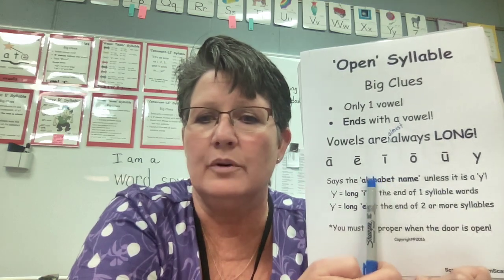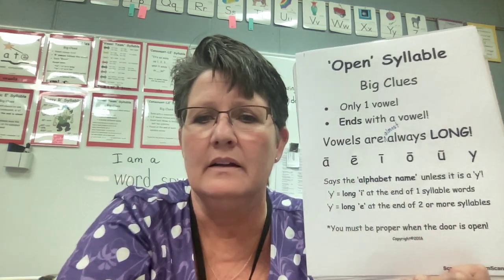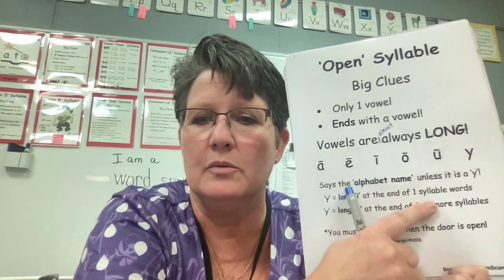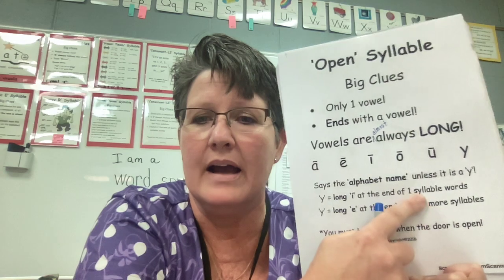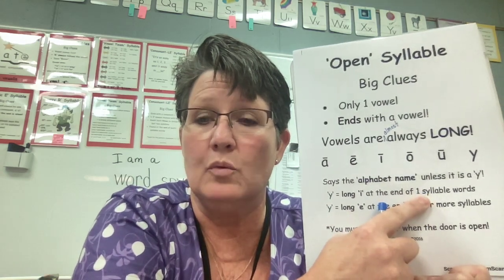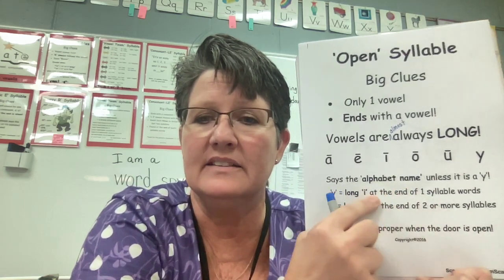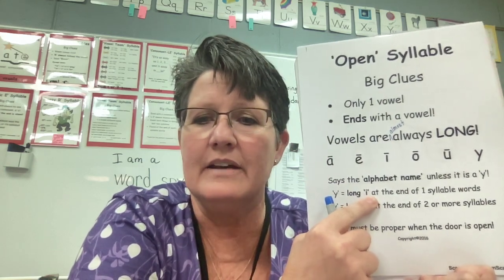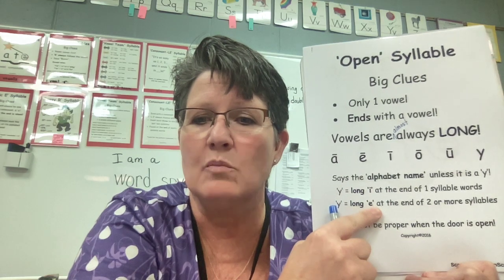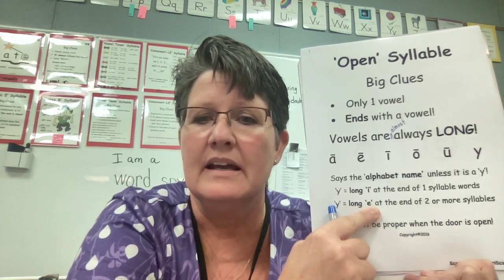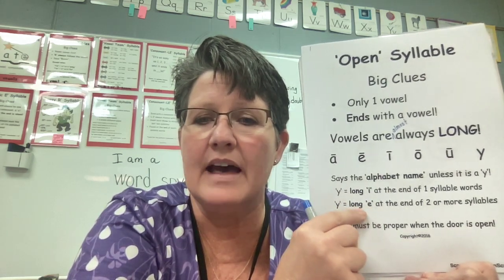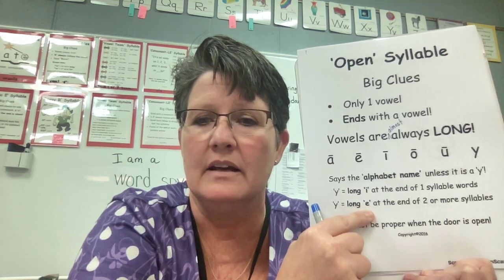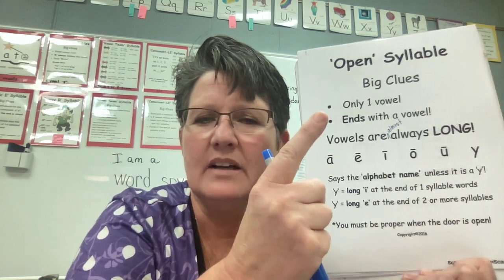So an example for Y, if it's a one-syllable word, so right here it says a one-syllable word. If I have the word my, that one-syllable Y at the end is almost always going to say long I. Then if I have a word that's two or more syllables and it ends in a Y, that Y is going to say long E. So we had Y as the consonant.